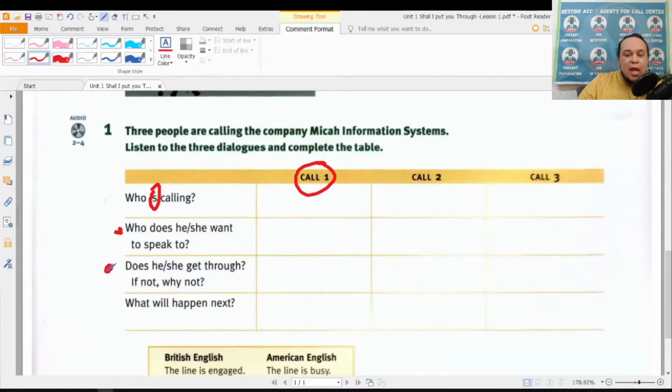Question number three: does he or does she get through? And do you remember today's topic? Today's topic is "shall I put you through," right? And what is get through? It's pretty much to get in contact with the person that you are calling. Alrighty. And last but not least, what happened next? Are you guys ready? Let me know in the comments down below.